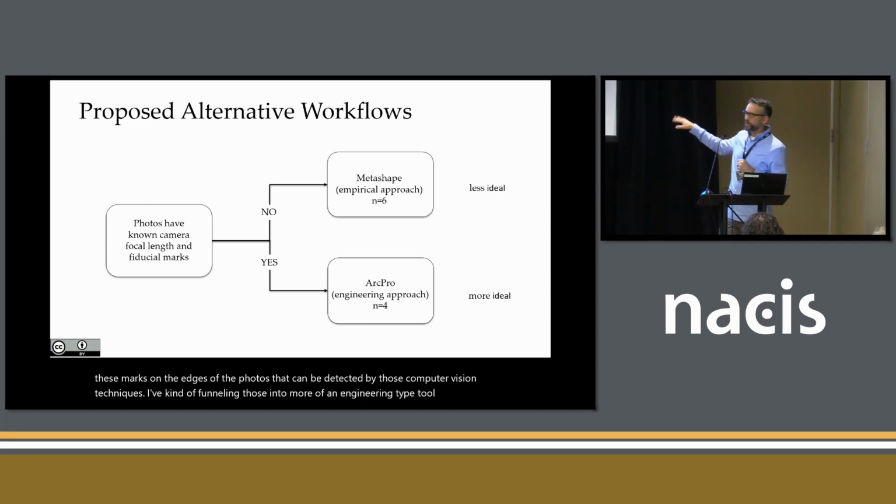In this case, it's deployed in ArcPro, but it's deployed in other software packages as well. So we're imposing numbers on these photos because we think that we know them.